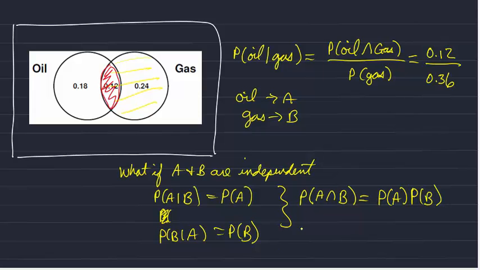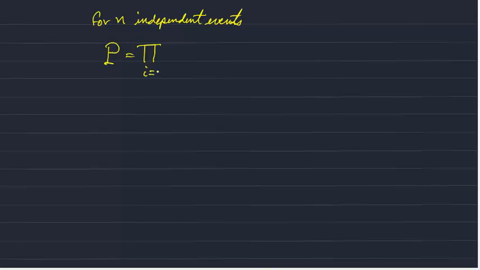And in general, for n independent events, the probability of all of them occurring at the same time is the product of their individual probabilities.